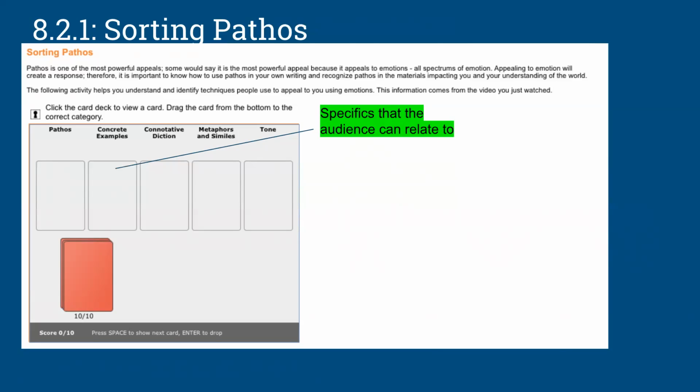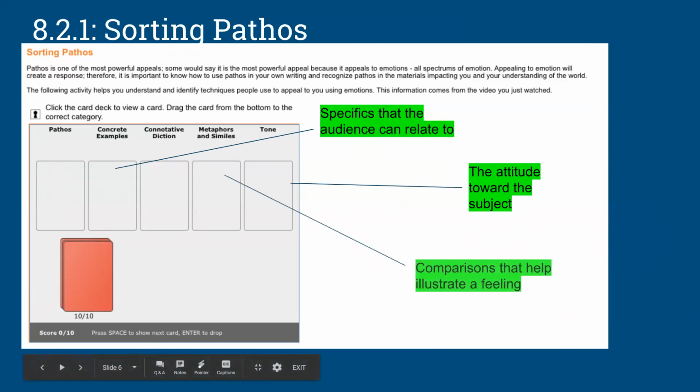It's all of those specifics that start helping the audience relate to, oh man, this really is bad. So the more specifics you give to help your audience relate to whatever emotional scenario you're appealing to, the better.